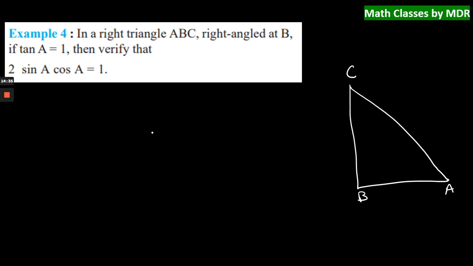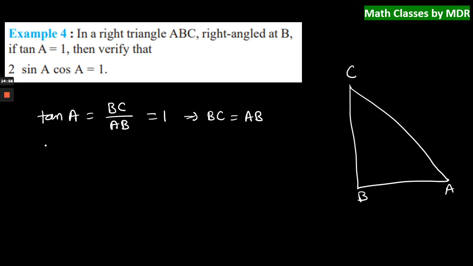If you have got the answer, that is good. Otherwise, look at this. So we know that tan A is opposite side, that is BC, by adjacent side. But tan A is given as 1. What does it mean? Doesn't it mean that BC is equal to AB?